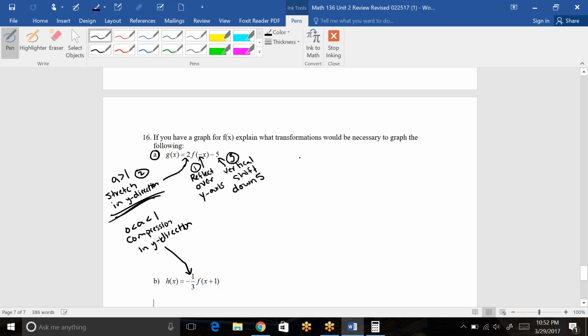So my sentence would be g of x, because that's the new function we're trying to create, is f of x reflected over the y-axis, stretched in the y direction by a factor of 2, because that's that number.